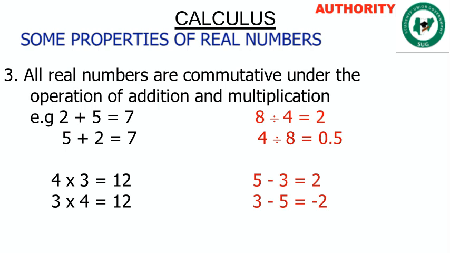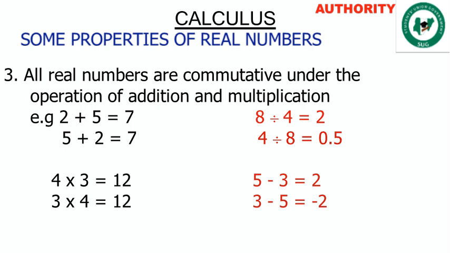When we have something like 2 plus 5, it will give you what? 7. Commutative is talking about if you exchange them. Something like 5 plus 2, it will give you what? 7, the same 7. So 2 plus 5 is equal to 7, and 5 plus 2 is equal to 7.